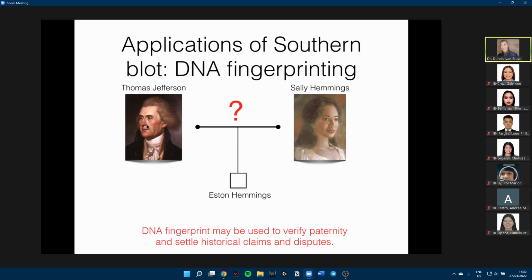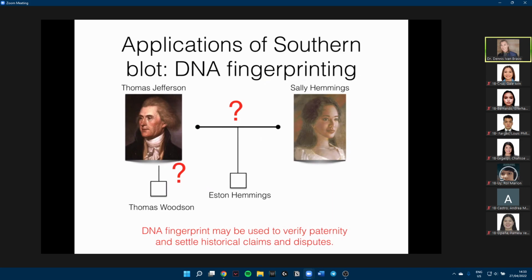The VNTR regions that will be analyzed here are those that are found only on the Y chromosome. So isang region lang ang titignan, Y chromosome lang. Why Y chromosome? Because it's handed down by father to son. Well, there's a complication to the story. Thomas Jefferson doesn't have a living male descendant. So yung uncle ni Thomas Jefferson, yung mga descendants ni uncle, ang gagamiting reference.